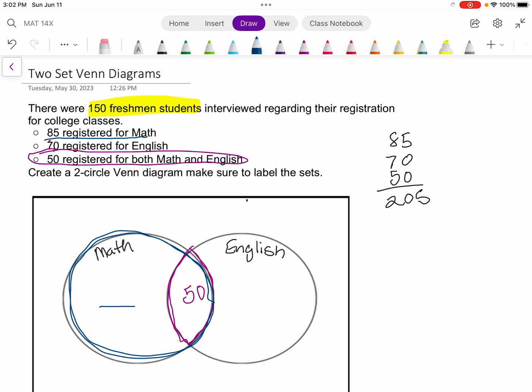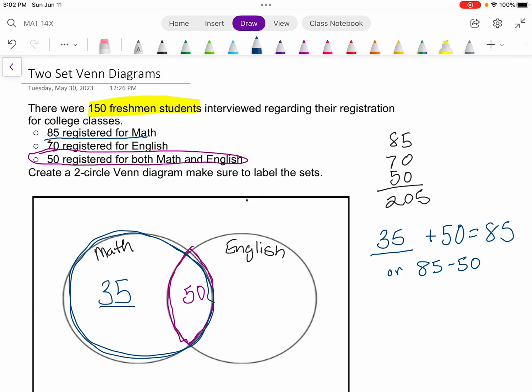So something plus 50 equals 85. Well, what do I add to 50 to get 85? That would be 35. Or 85 minus 50 gets me back to that 35. Okay, so now I figured out how many people have math only.